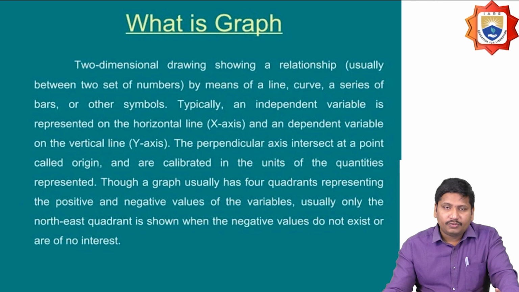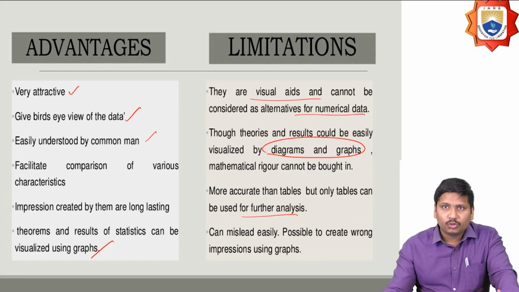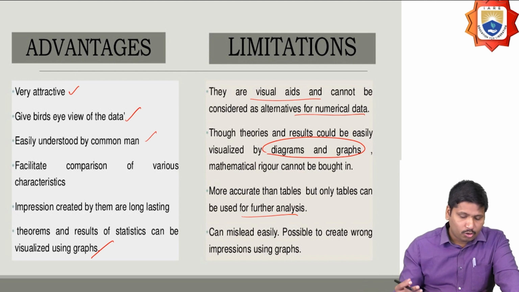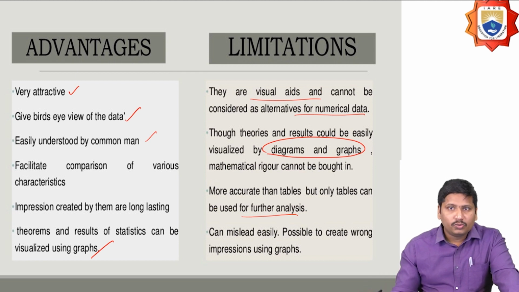The graph is a two-dimensional way where you can represent the x-axis and y-axis, which shows different types of quadrants. The advantages are that it is very attractive, gives a bird's eye view of the data, can be easily understood by a common man, facilitates comparison very easily, the impression is very long lasting, and theorems or results of statistics can be visualized very clearly.